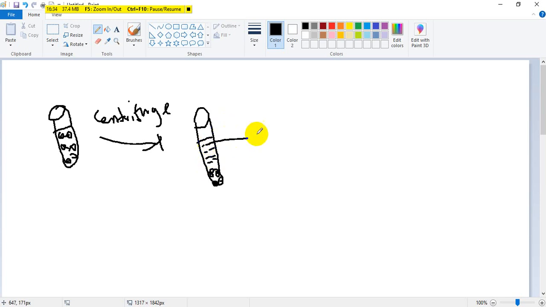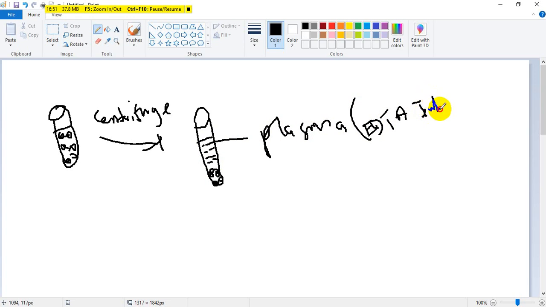This is what we call either the plasma, that is if it is found in the EDTA tube. So in an EDTA tube, it is called plasma.